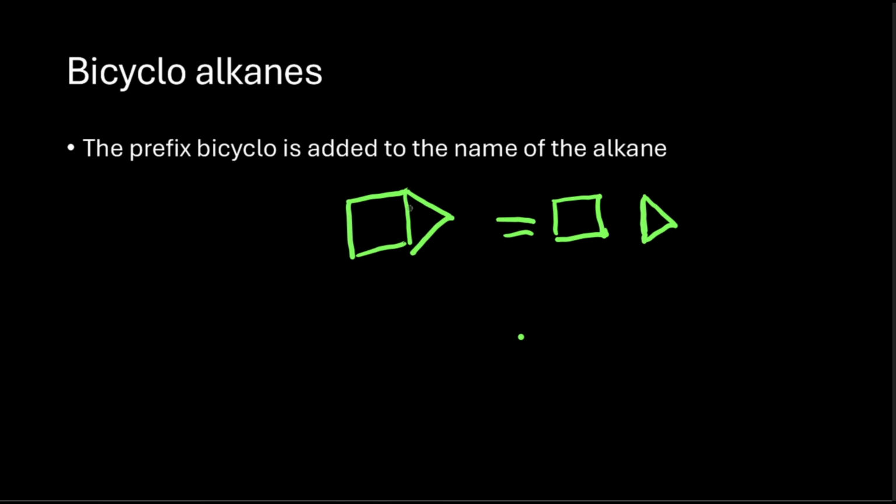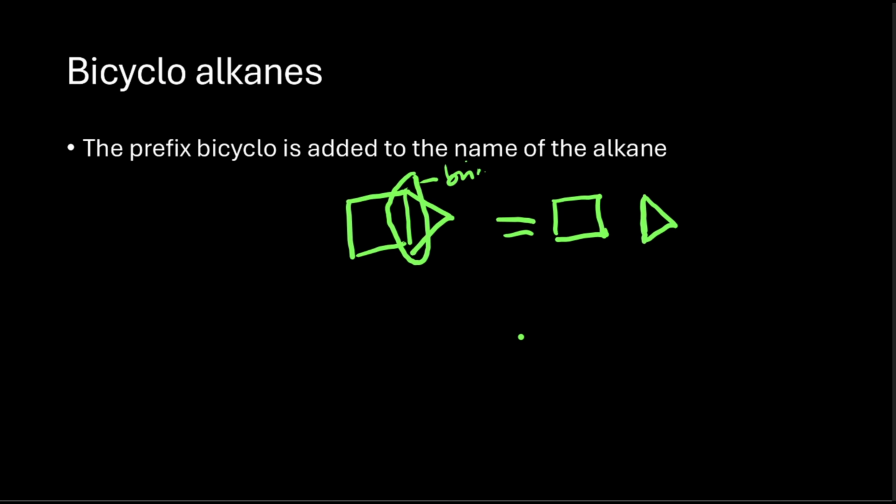And so when they are fused together, we have bicycloalkanes. And the point where they are fused together is known as the bridge of our cycloalkane. So this gives us the bridge of the bicycloalkanes.